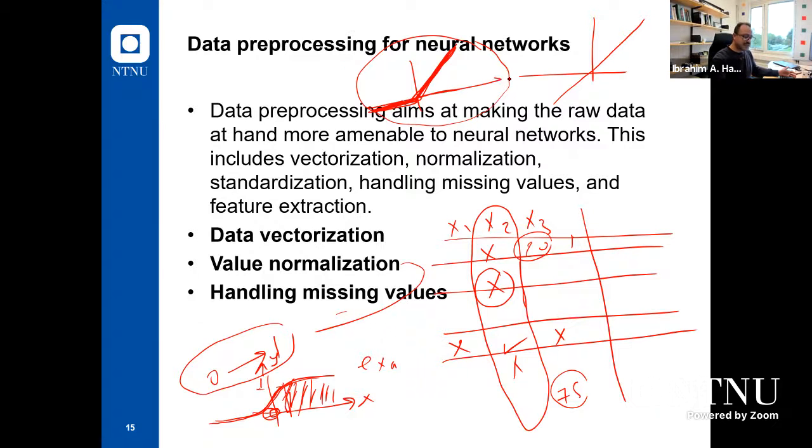So if this one is x, this is y. In fact, the ReLU will be like y equals x if x is greater than or equal to 0, 0 otherwise. So this is ReLU.